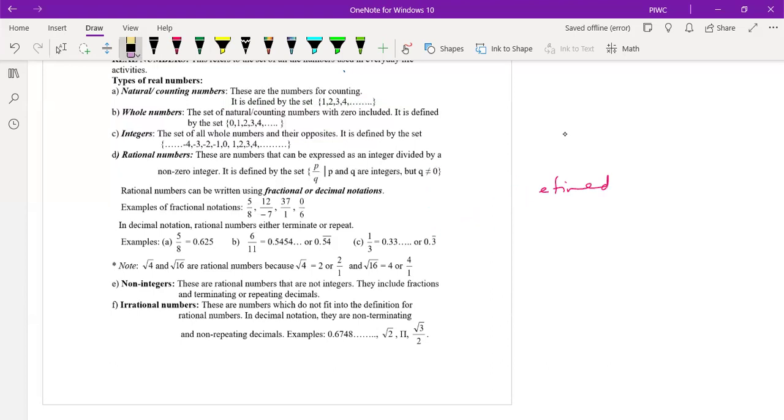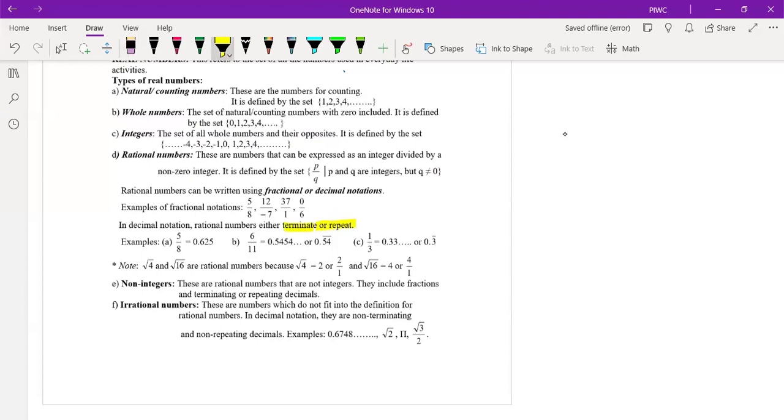Now, if you have a rational number and you change it to decimal form, what we call the decimal notation, the rational number will either terminate or repeat. You have a terminating decimal, or you have a repeating decimal, okay? Once you get that, then you're looking at a rational number.